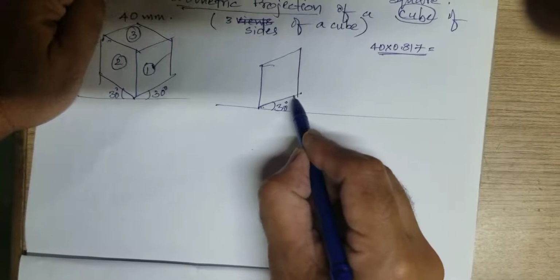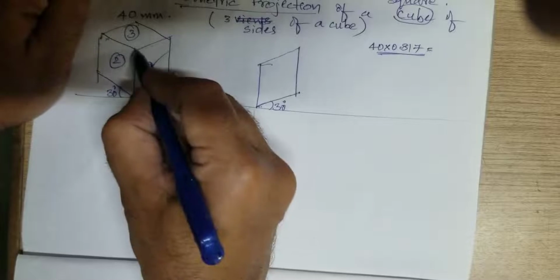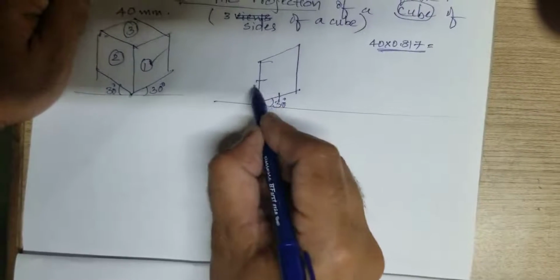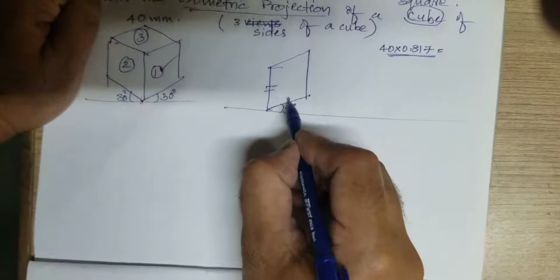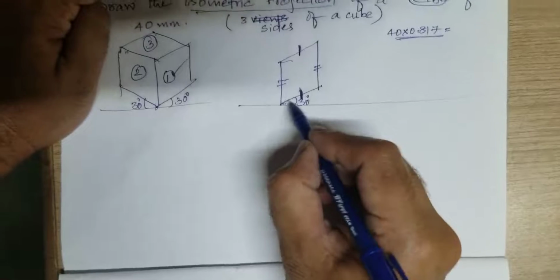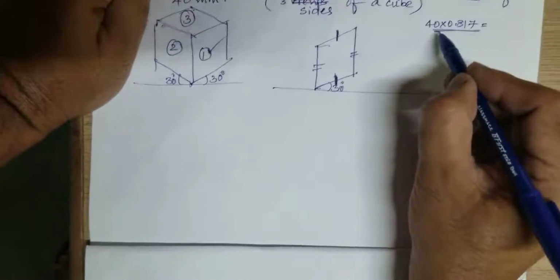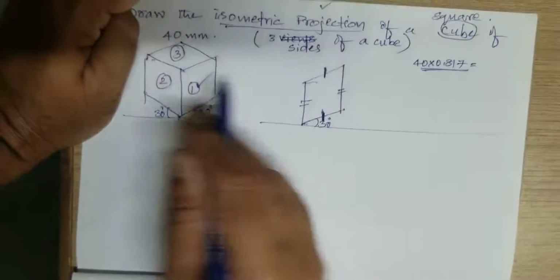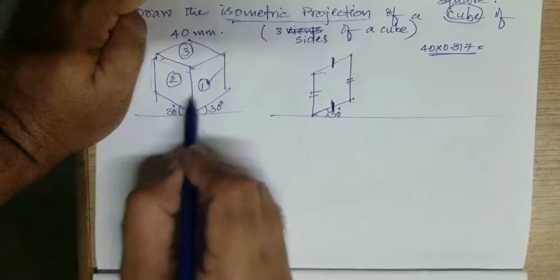It's vertical only. So this length is equivalent to this length is equivalent to this length. But here we have to take 40 into 0.817, because he is asking for isometric projection.